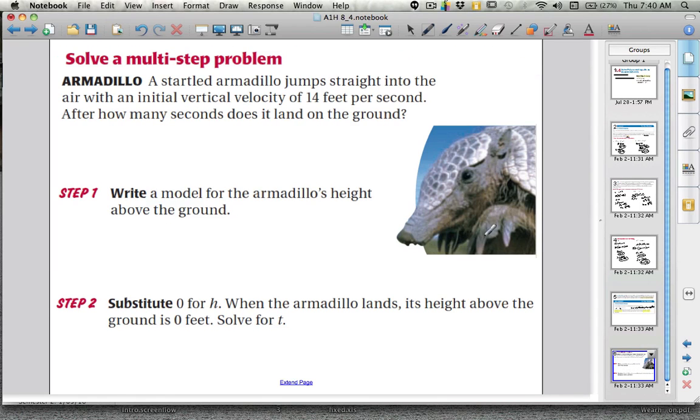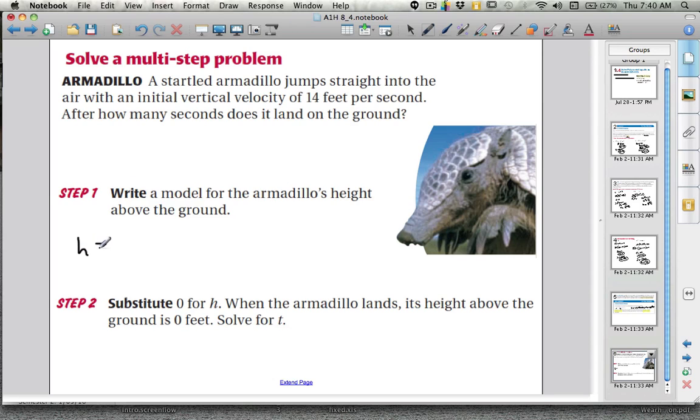Okay, so I've got an armadillo who gets scared, and he jumps up into the air with an initial velocity of 14 feet per second. After how many seconds does it land on the ground? Well, remember, if it's on the ground, that means its initial height is 0.